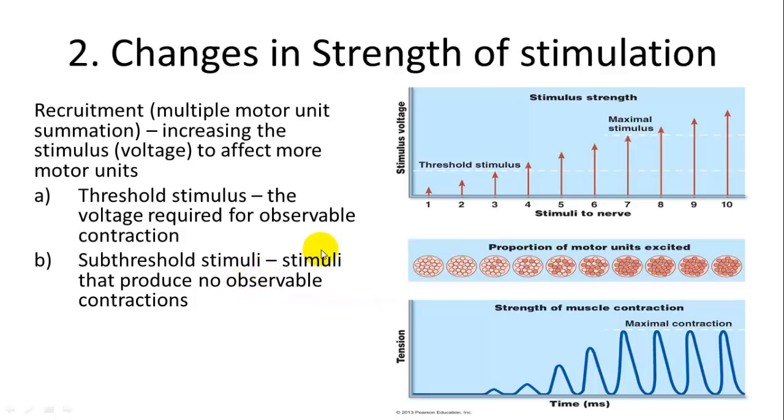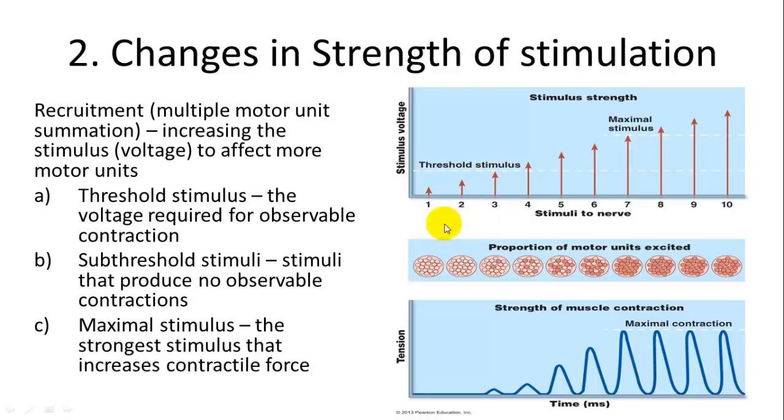The sub-threshold stimuli is anything below there which will not show a contraction. Okay, so 1 and 2 are part of sub-threshold stimuli. We have 3, which is the actual threshold, and then we have the maximal stimulus.